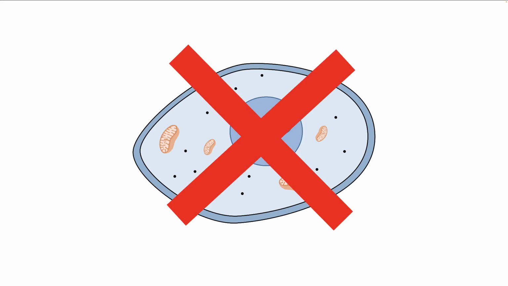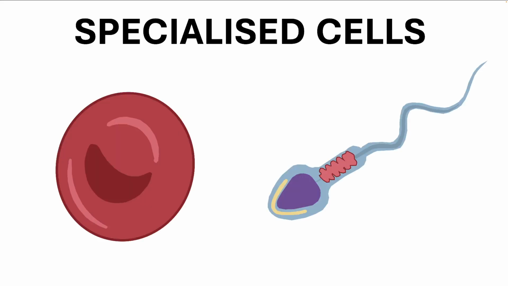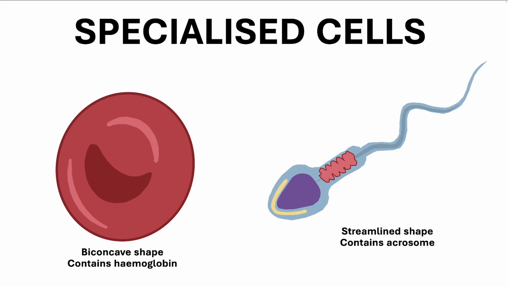The cells in many multicellular animals or plants are what we call specialized cells. They are specialized to perform different functions, and as a result, they've got all these different features, like a certain shape or a substance inside them that help them in doing this specific function. Now, I talk about these specialized cells in their own video, which you can check out after this one, but that's about all you've got to know about them for now.